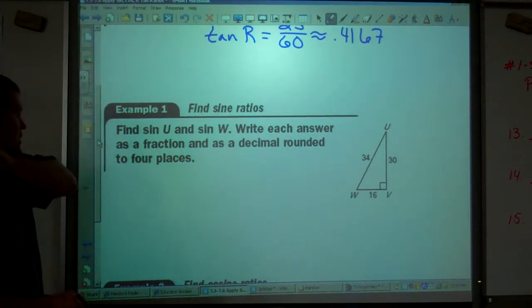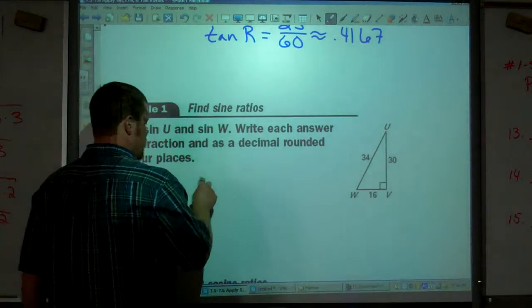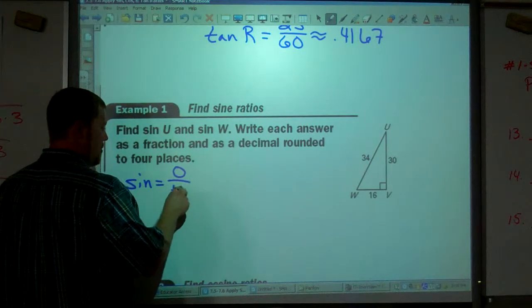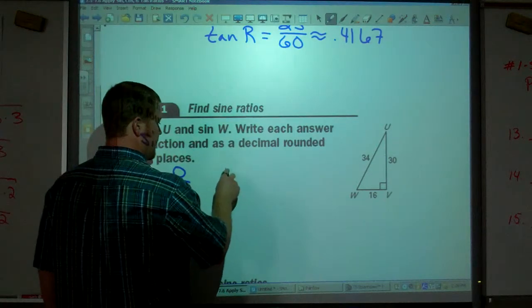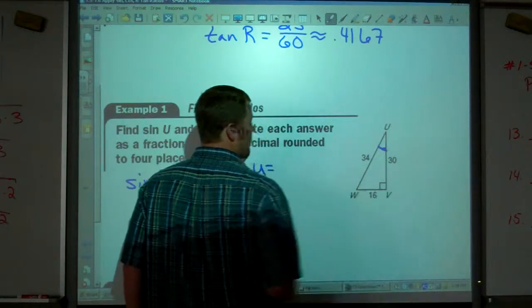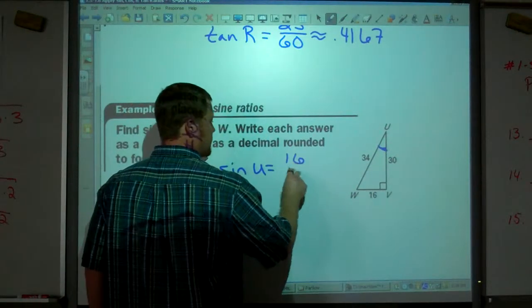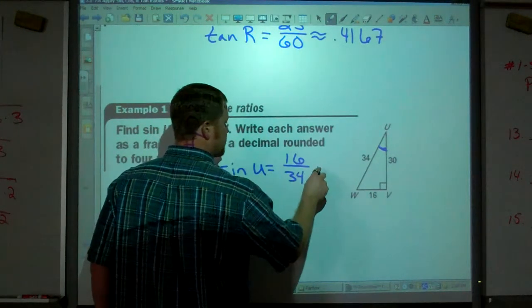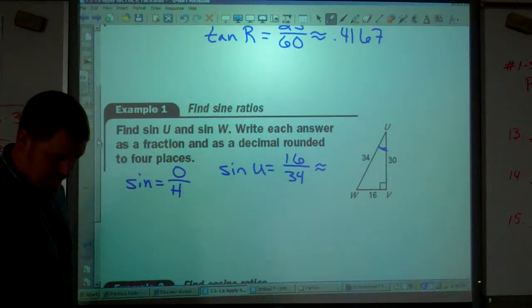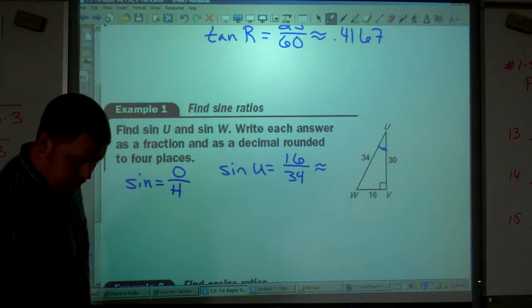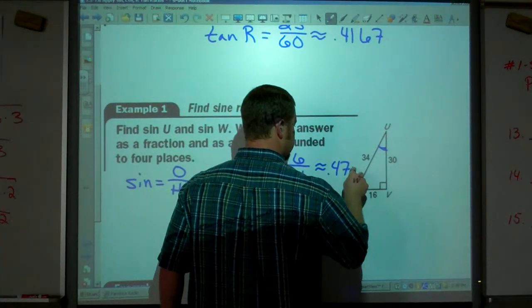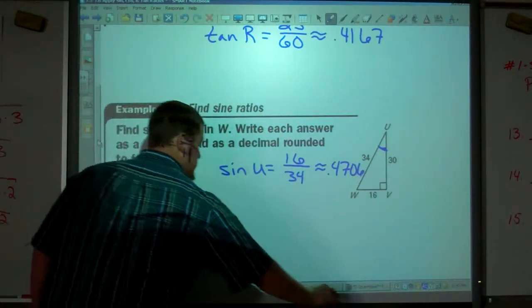Now, the sine of angle U, and again, sine is opposite over hypotenuse. So the sine of angle U equals the side opposite over the hypotenuse, which is 16 divided by 34, about 0.4706.